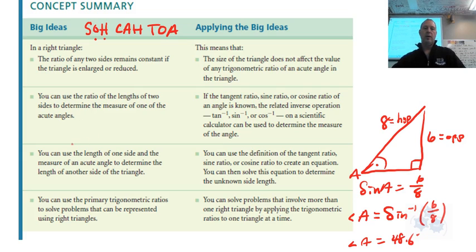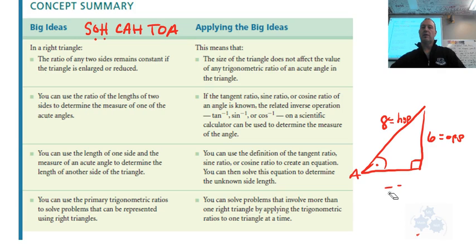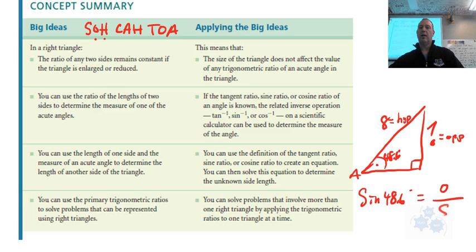You can also use the length of one side and the measure of an acute angle to determine the length of another side. So what that is saying is that, let's say that you're not given this situation, but you're given this angle is 48.6, and I'm looking for the opposite side. Well, you can use a trig ratio to solve for that, right? We know that sine of 48.6 equals the opposite side over 8.